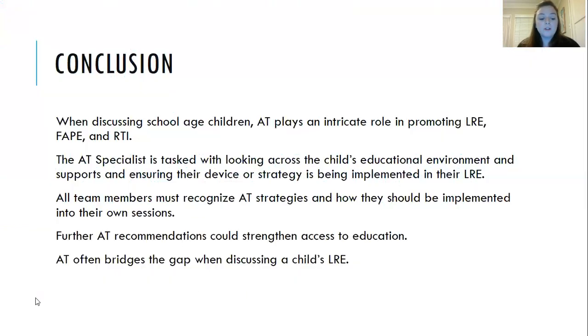So for my conclusion, when discussing school-age children, AT obviously plays a very important role in promoting least restrictive environment, free and appropriate education, and response to intervention. The AT specialist is tasked with a lot of things, but a big one is to make sure that there are no environmental barriers or educational barriers to students' setting.